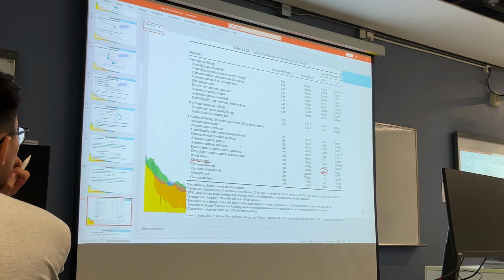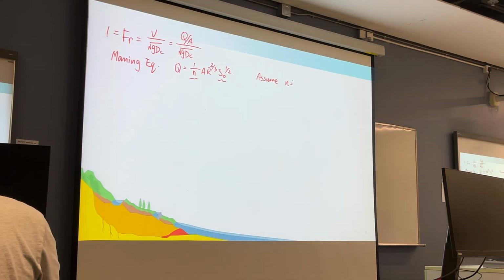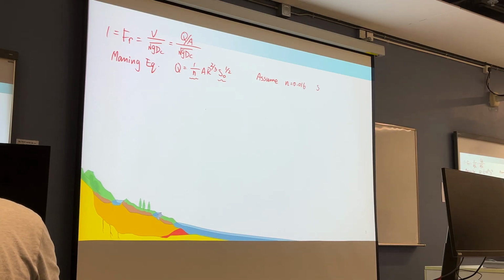We assume that n is 0.016 and the slope is 0.001, for example.